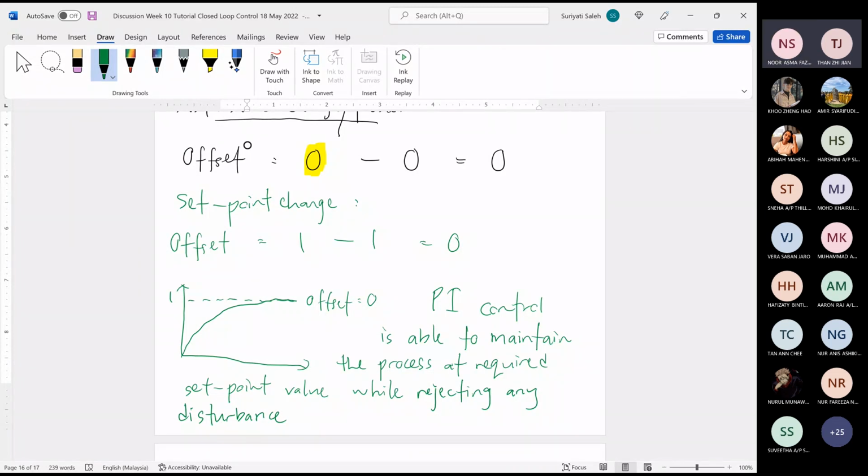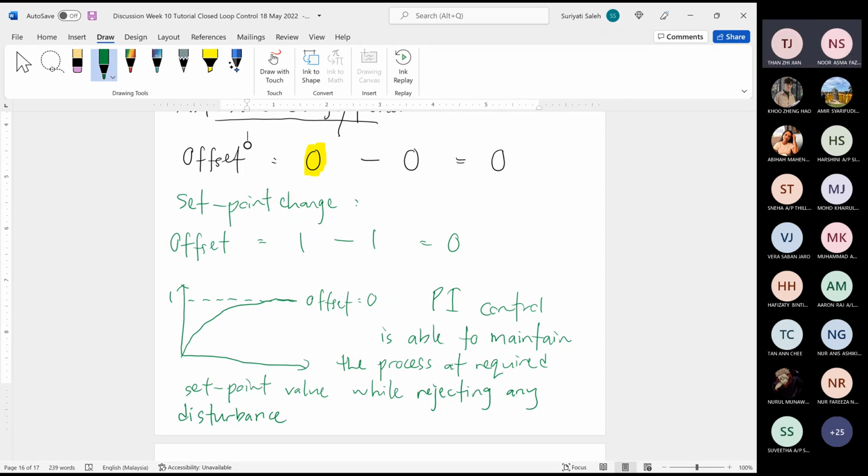This is what we prefer about PI control, because the presence of your integral contributes to the zero offset. This is the thing you need to understand. The PI controller is normally able to eliminate the offset.